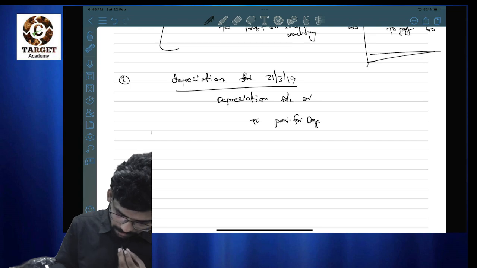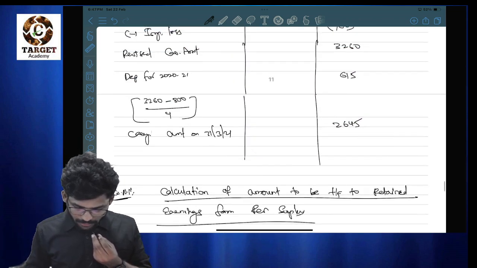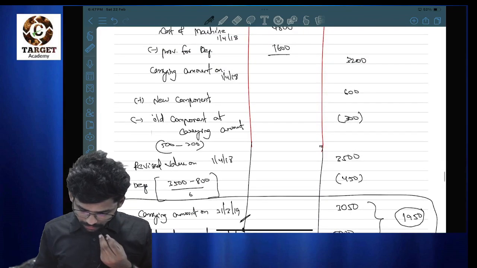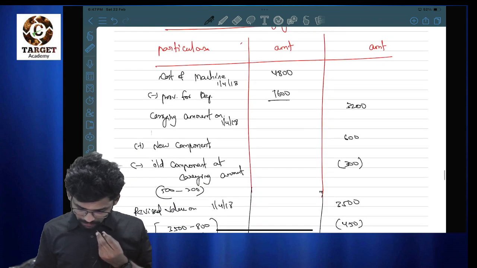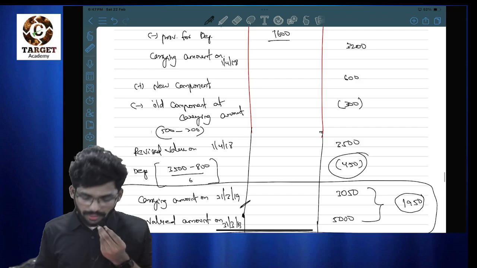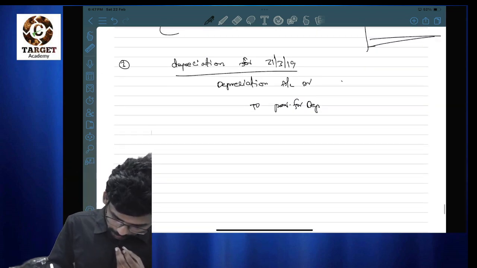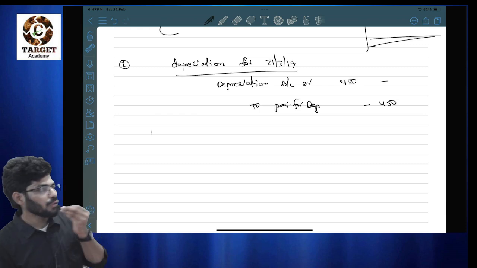How much? First year depreciation, how much? Where is the depreciation? This one. Yes. Please note down: depreciation account debit to provision for depreciation 450.